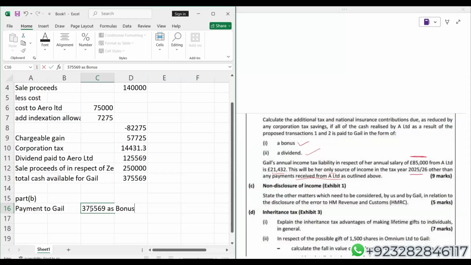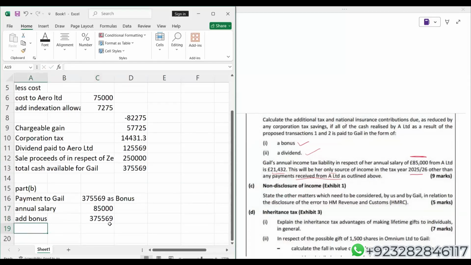We are required to calculate additional taxes. Already, the annual salary is 85,000. Let's add the bonus. We'll get the total income, or you can say the net income.